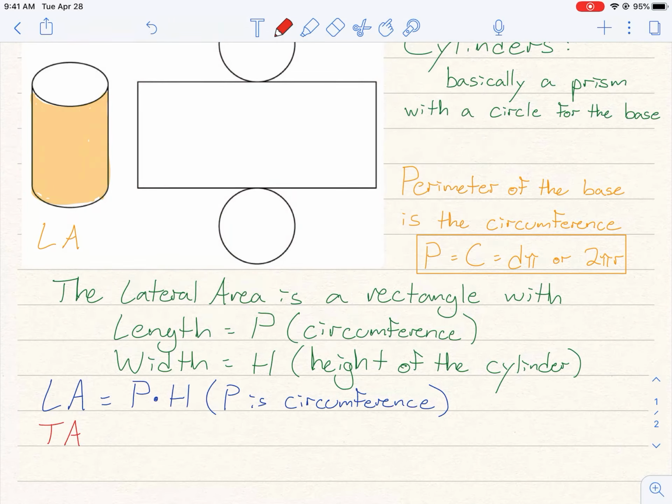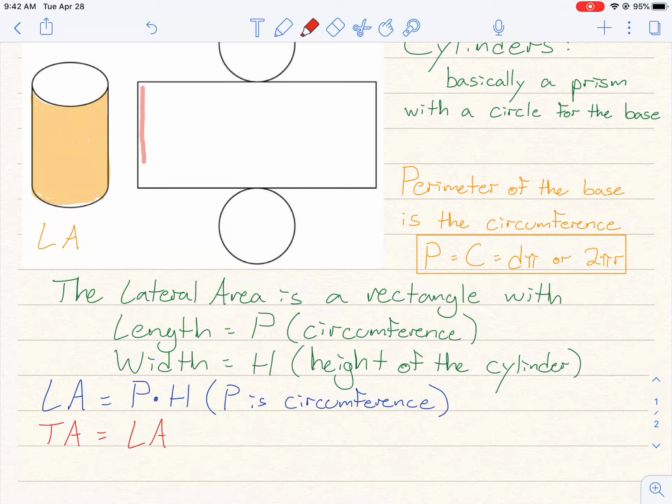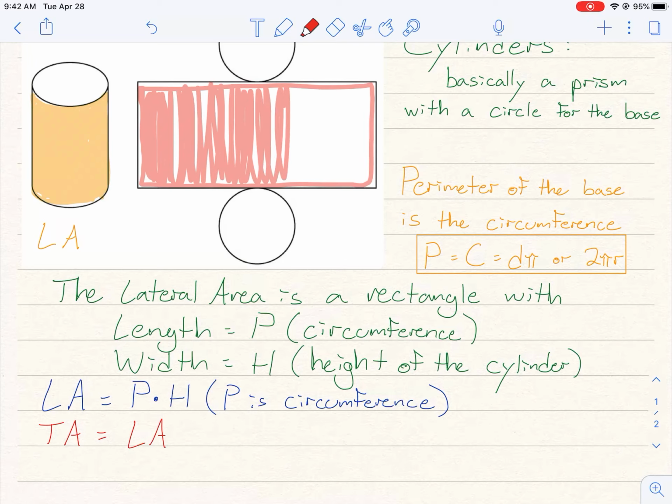And then our total area, similar to what we saw with prisms, is going to be our lateral area. This is my rectangle that we have there, so I'll quickly shade that in.